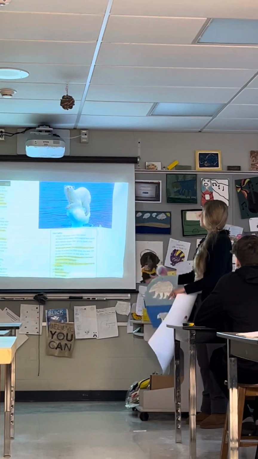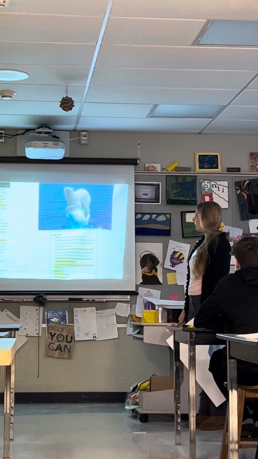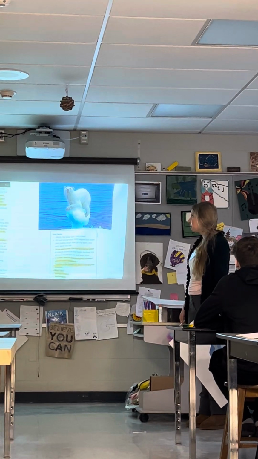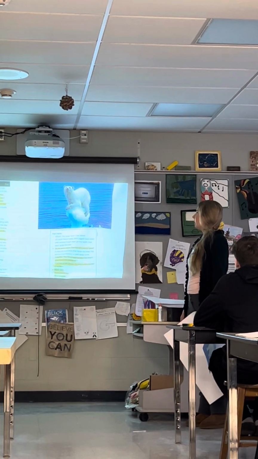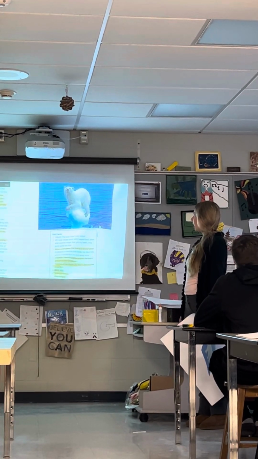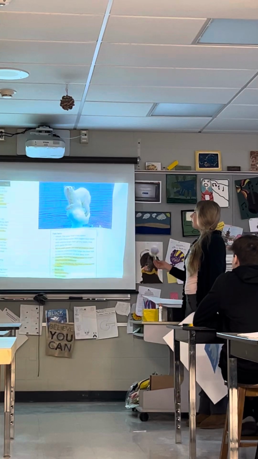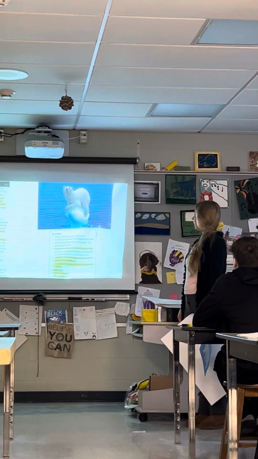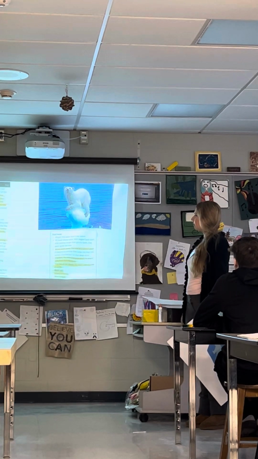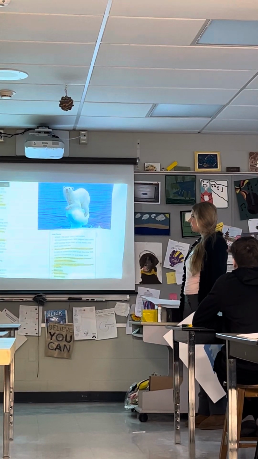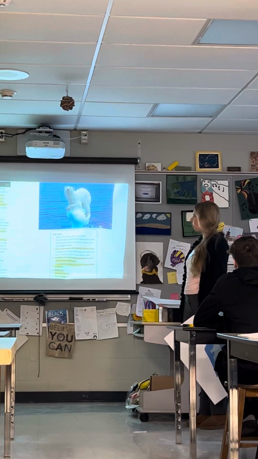Okay. Some facts here: the polar bear's Latin name actually means sea bear, and it makes sense because they spend a lot of time in or around predominantly on the sea ice. So they have a thick layer of body fat and a water repellent coat that insulates it from cold air and water.